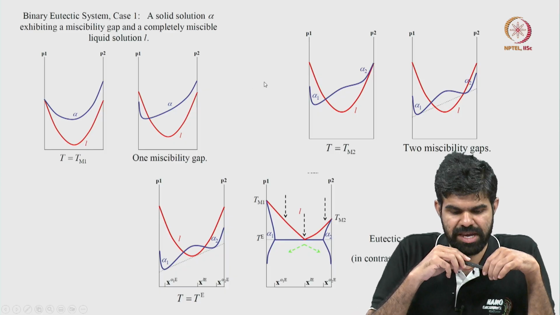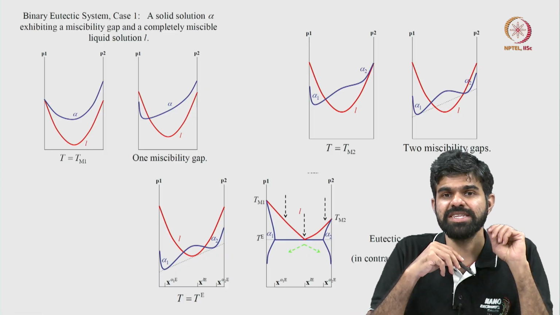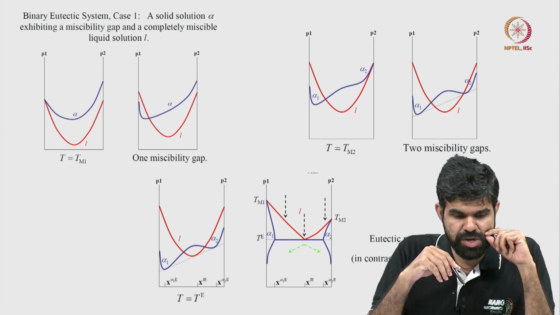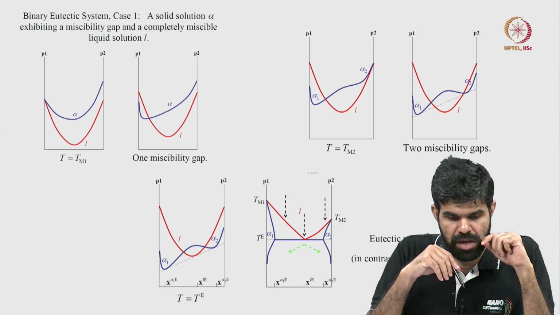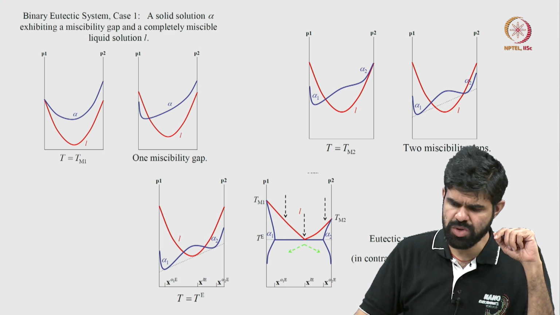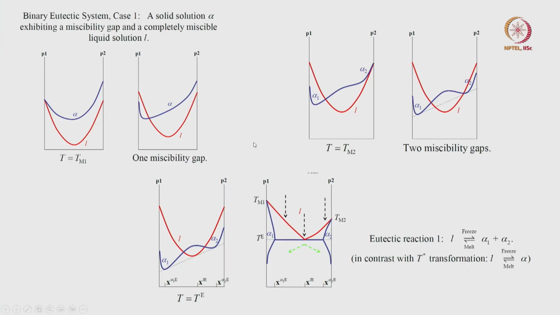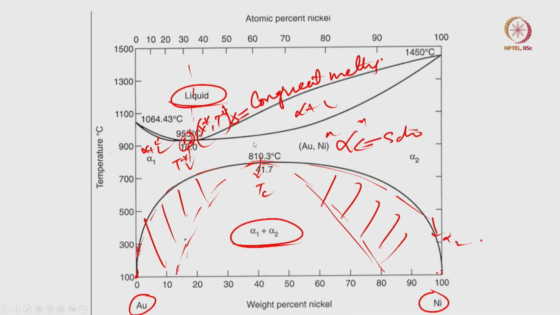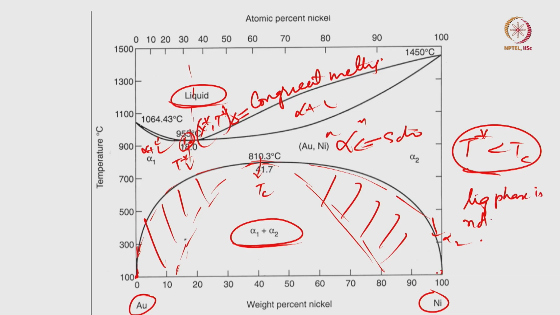and let us come to the next phase diagram. And in the next phase diagram, here what I am going to do is, earlier in this phase diagram we said T star is less than Tc. That means the liquid phase is not stable at Tc.